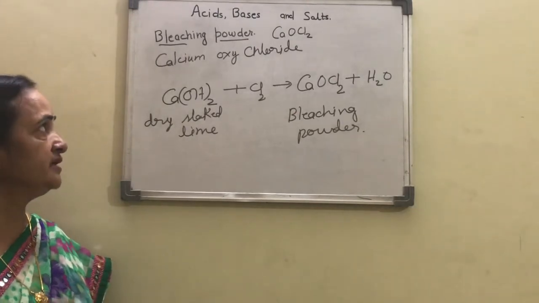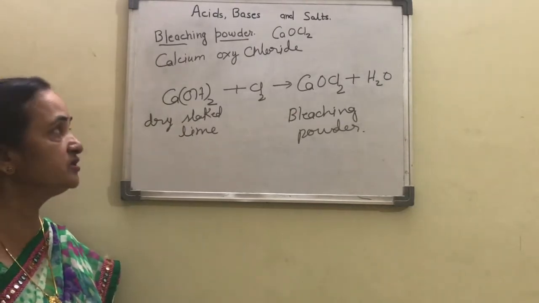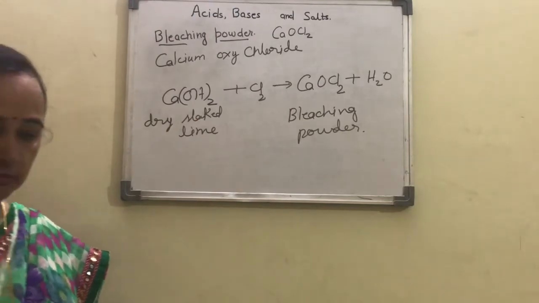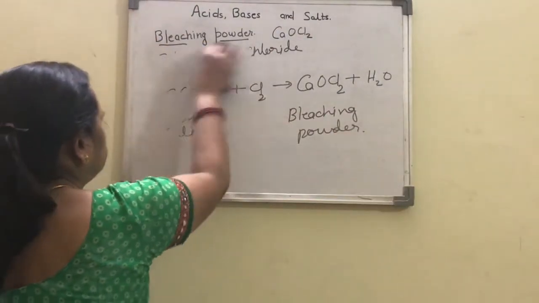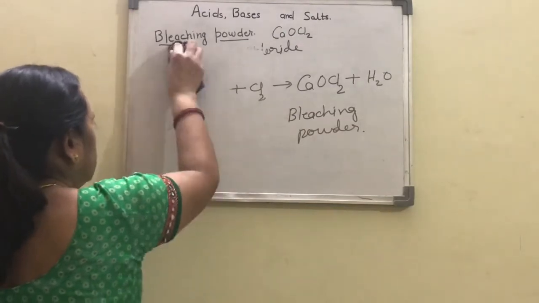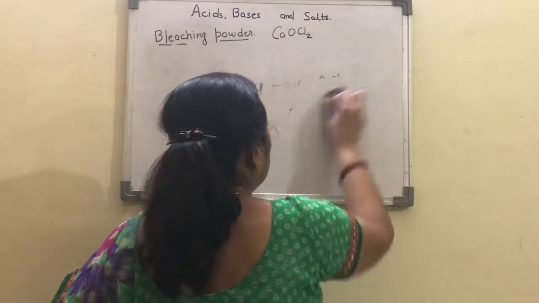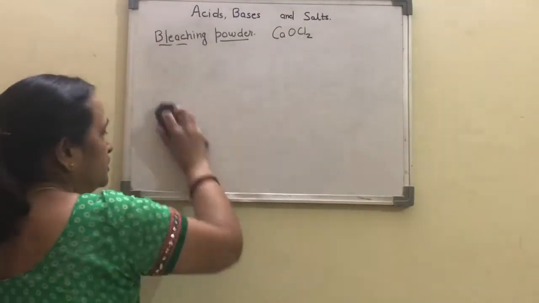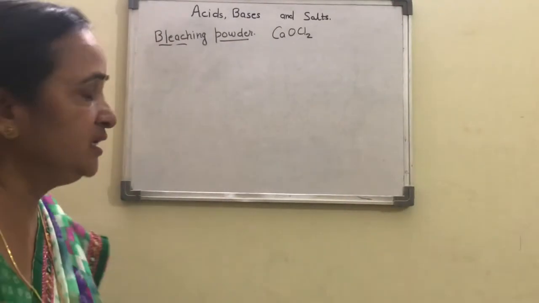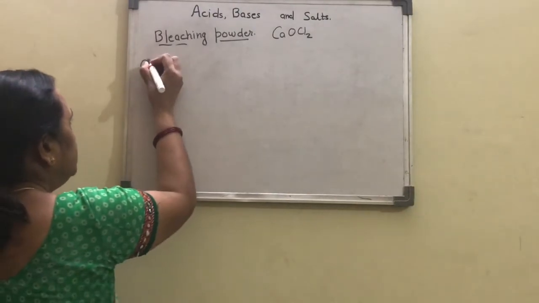Now let us discuss some of the uses of bleaching powder, as it is one of the important materials in our everyday life. The first use is for bleaching.